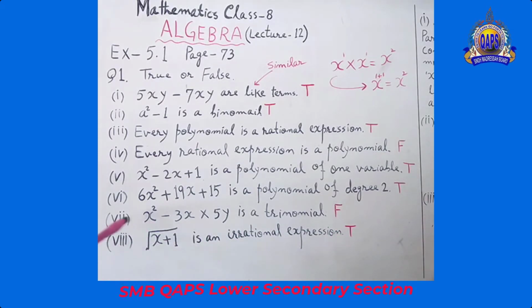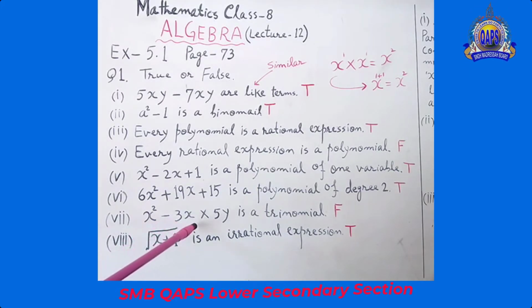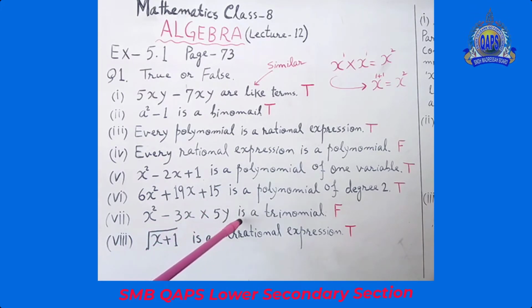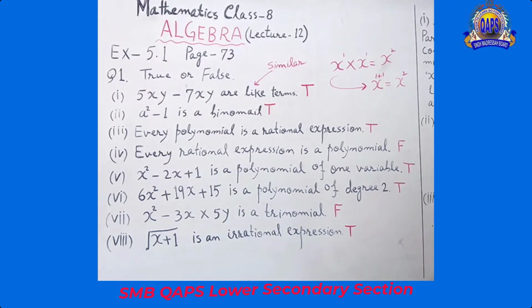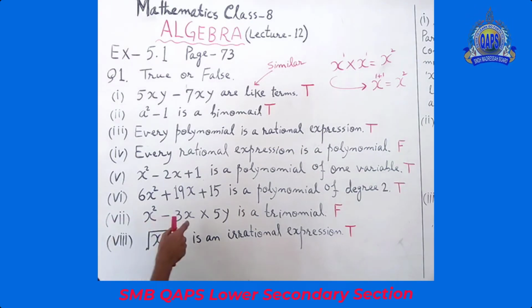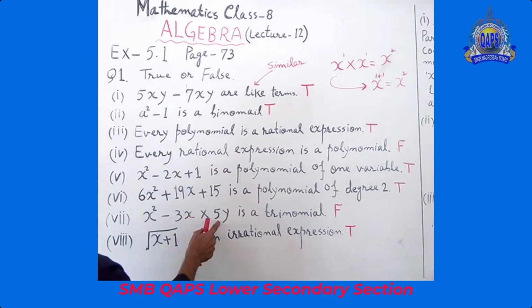Number 7. X square minus 3x multiplied by 5y is a trinomial. False. Maybe you will say, sir, you just told me that trinomials means 3 terms. We have 3 terms over here. 1 term, 2nd term, 3rd term.